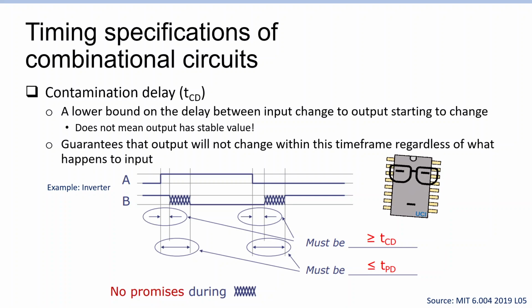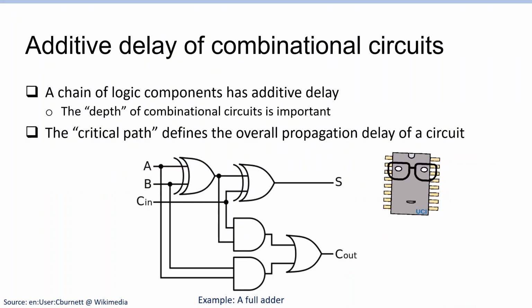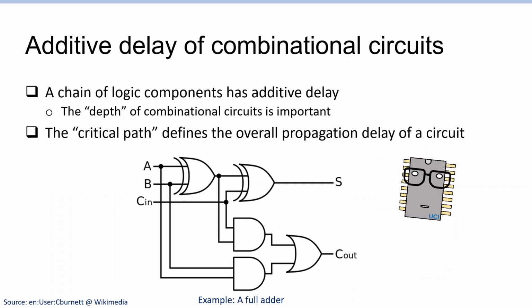So these two numbers describe the timing behavior of a combinational circuit. And we'll get into how that plays into clock speed, the processor speed, in a bit. One thing to note about the timing specification of combinational circuits, and I think this is very important, is that the delay is additive.